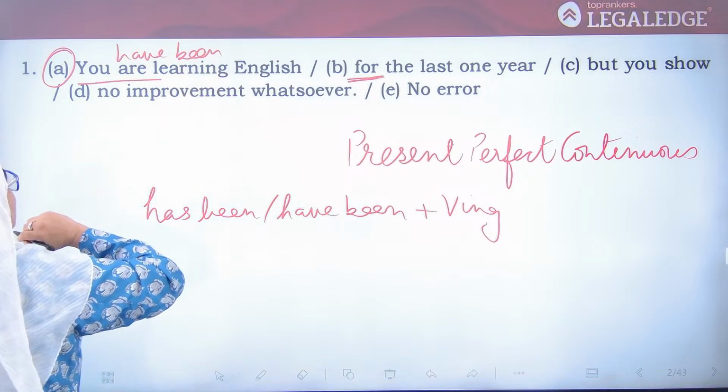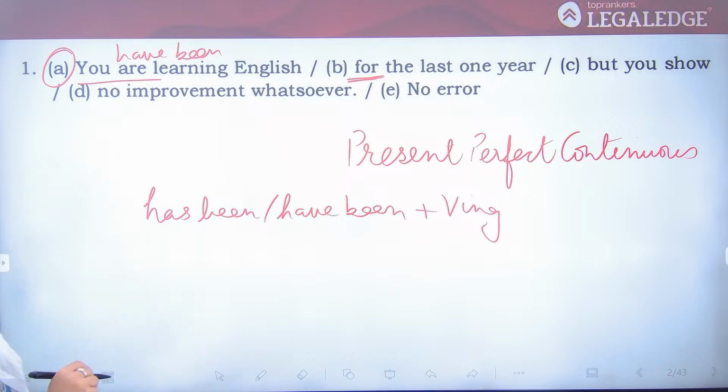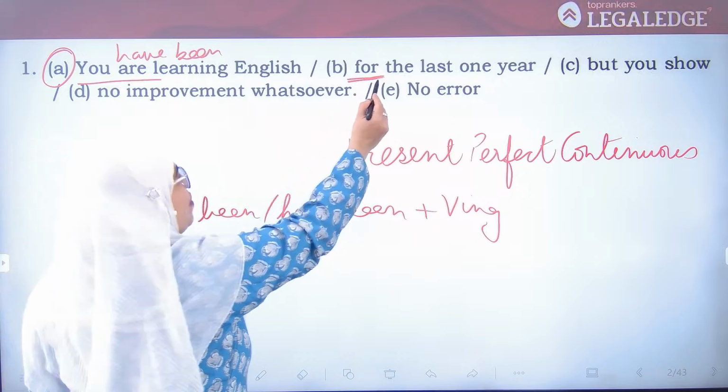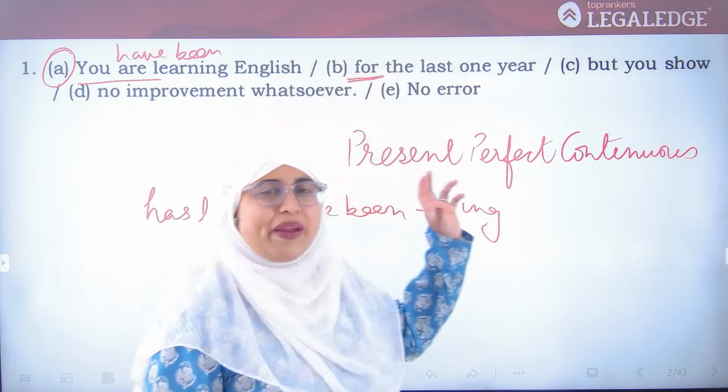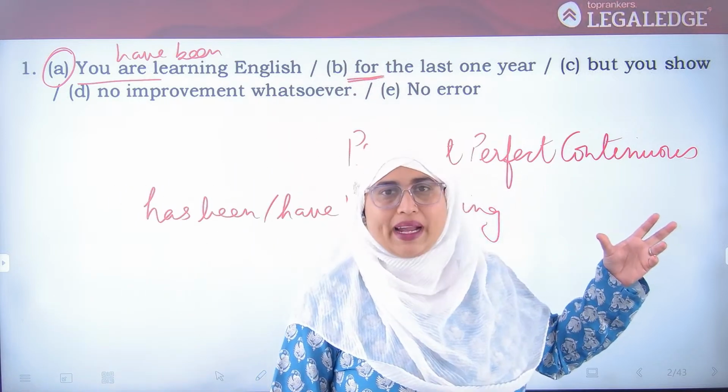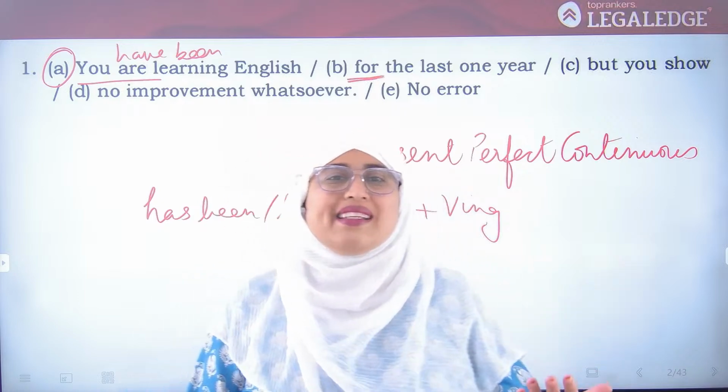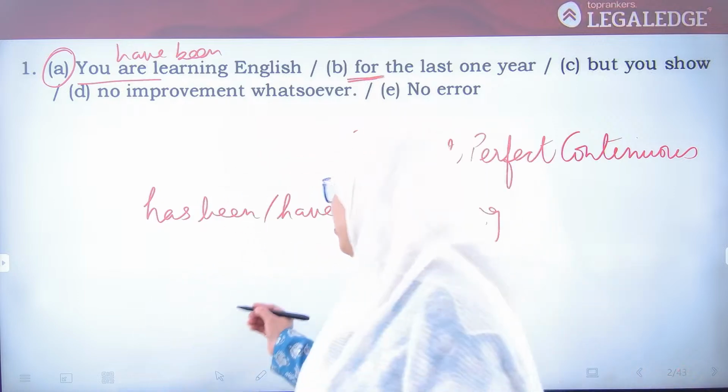learning English, instead of "you are learning English", because we are talking about something that started 1 year ago. So it's depicting a complete period of time. So where to use since and where to use for?